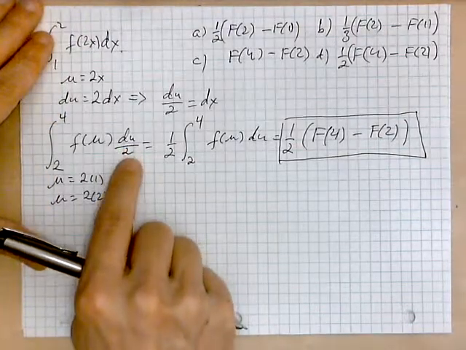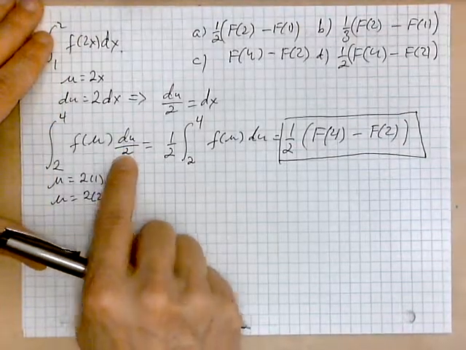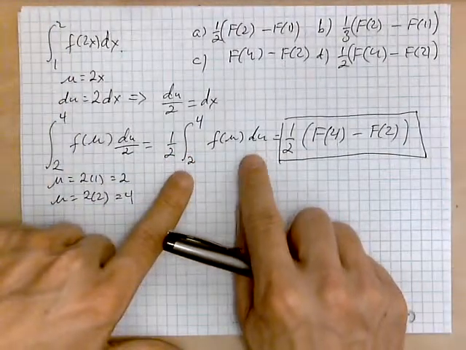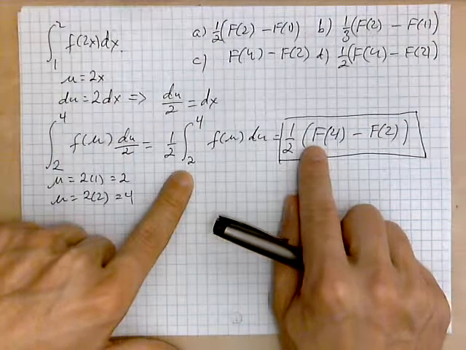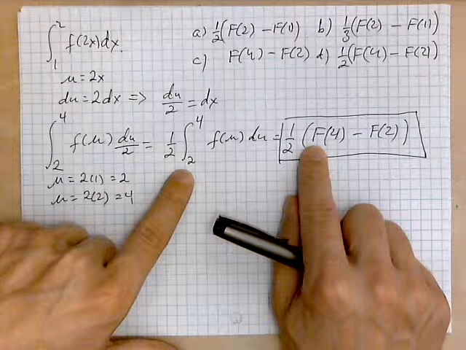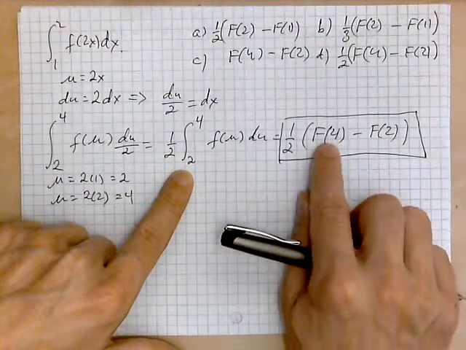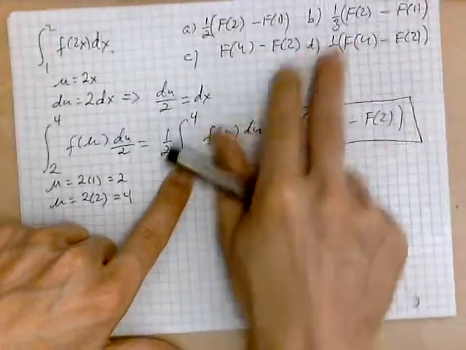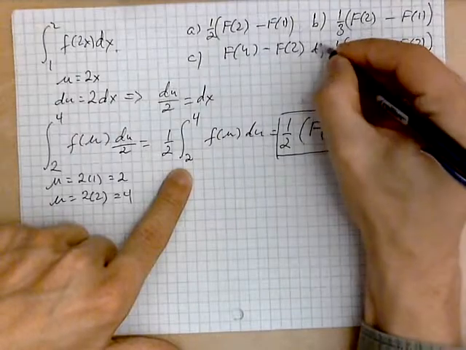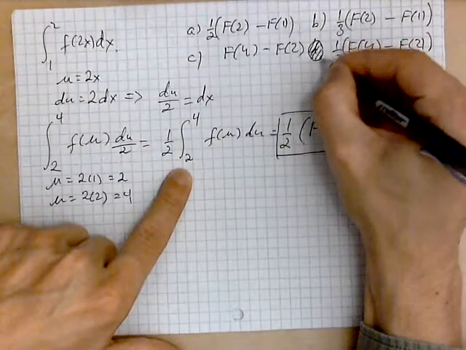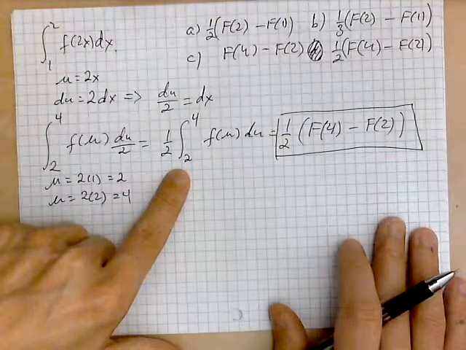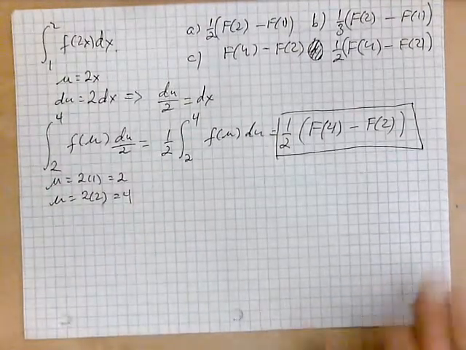Then du over 2 really means 1/2 of du, so you pull 1/2 out, as I've done here. Then you anti-differentiate, getting big F, an antiderivative. Then you plug in the upper limit and the lower limit, and you end up with this form. So if these were the answer choices, you would mark D as the correct choice. 1/2 of big F of 4 minus big F of 2.